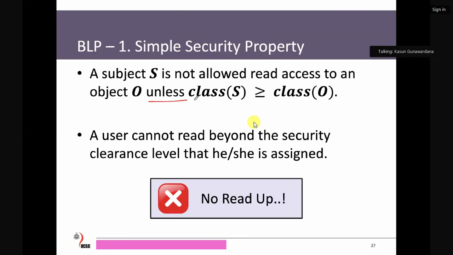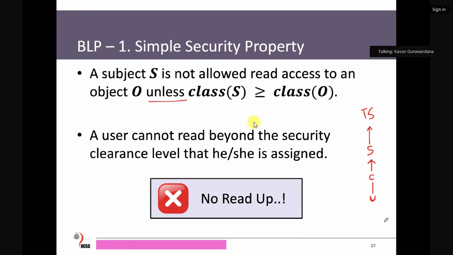Let's say we have a hierarchy of sensitivity levels like this: secret, confidential, and unclassified.